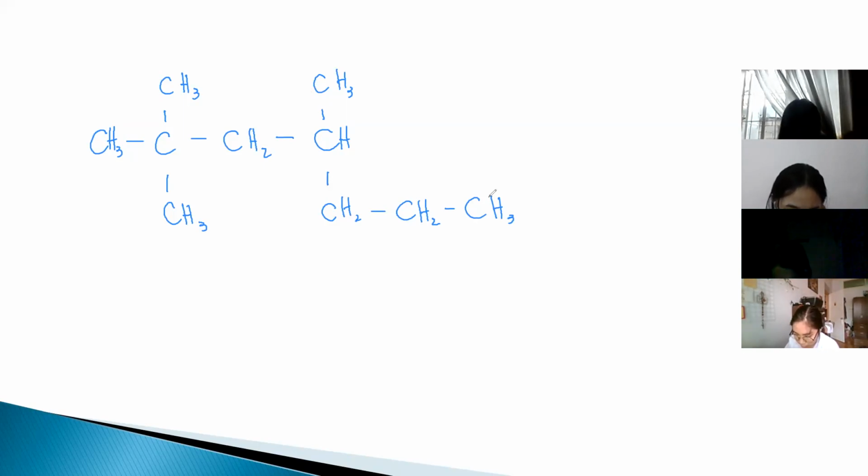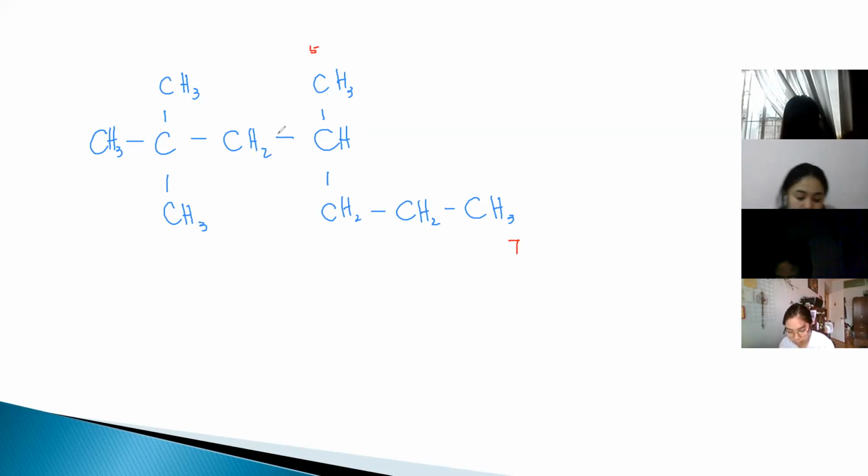Libog ang numbering. Okay. First step, let's identify first the parent chain, the longest chain. If I start here 1, 2, 3, 4, 5, that's 5. But if I go down 1, 2, 3, 4, 5, 6, 7, 7. Kung baliktad, parehas lang na siya 7.